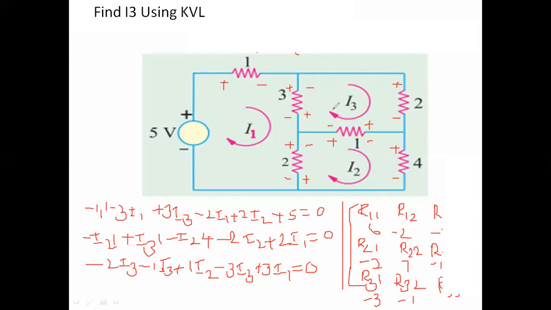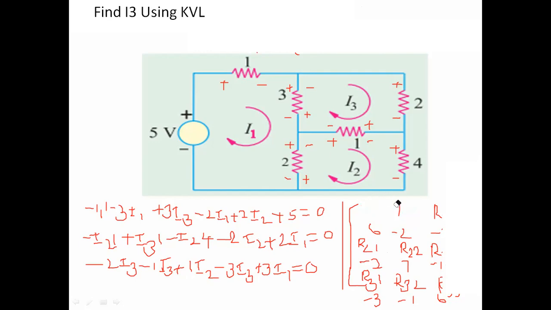And R33 is the total resistance in this loop, 6 ohms. Like this we can write the matrix directly. After you solve these equations, we can cross-check whether the result is obtained correctly with this matrix equation.